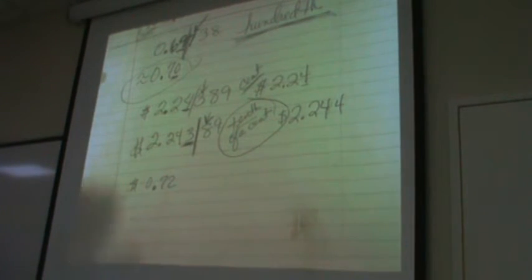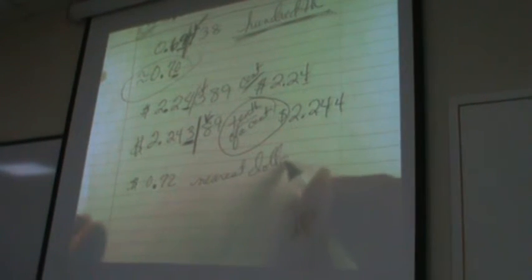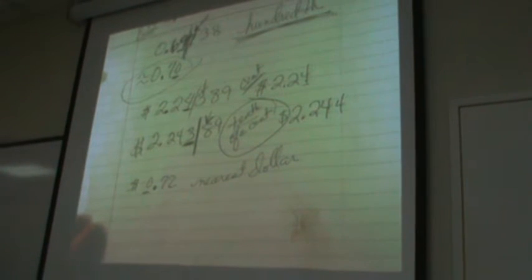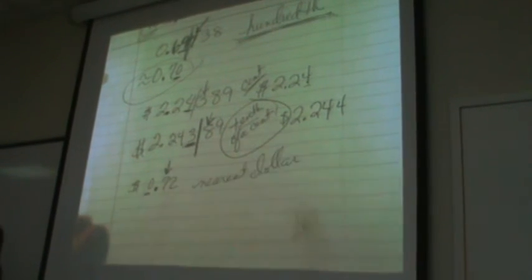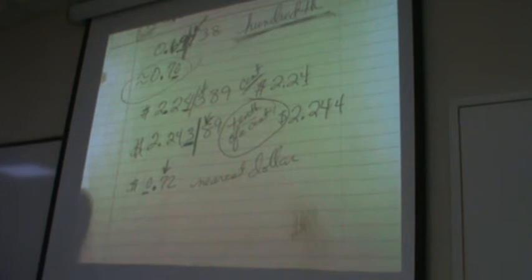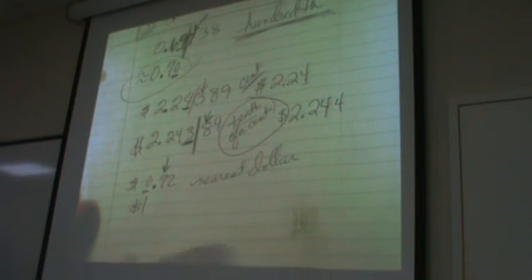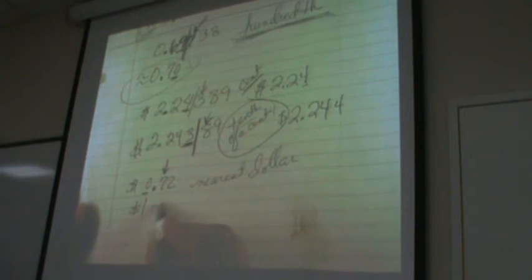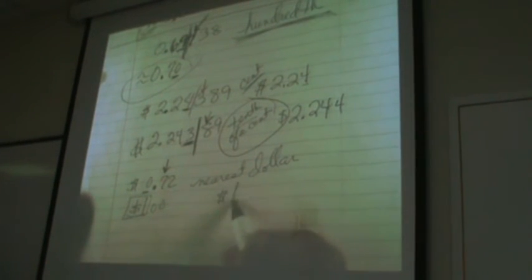The nearest dollar would be your nearest 1. So you would look at the 10-cent place value. It is a 5 or bigger, so the nearest dollar would be $1. So it'd be just the dollar sign with the 1.